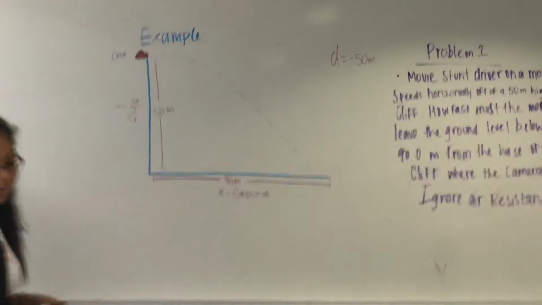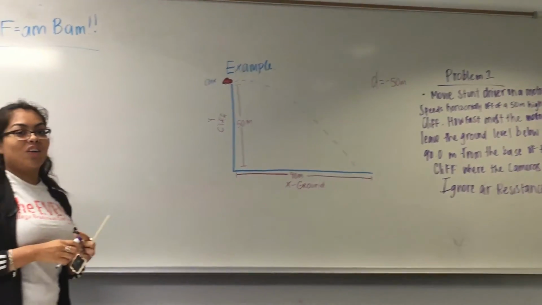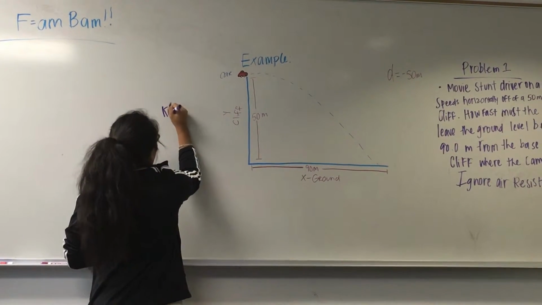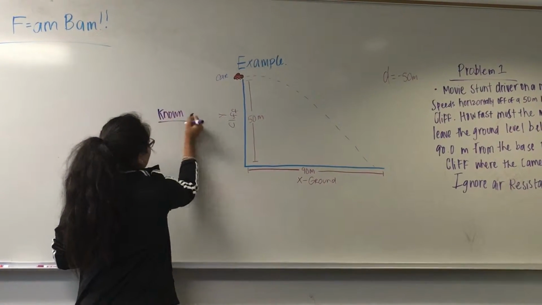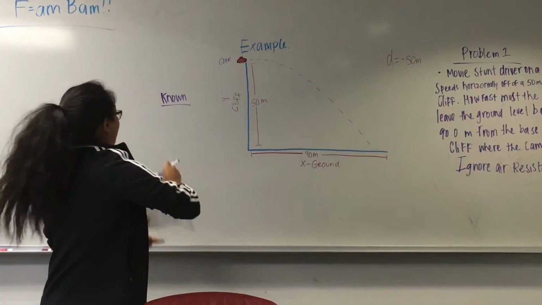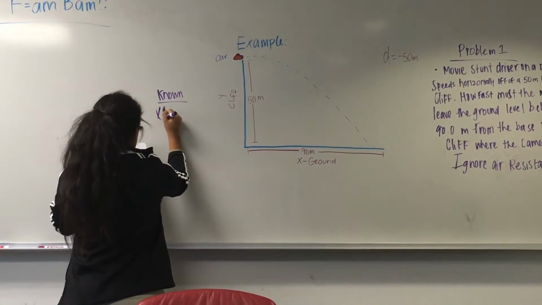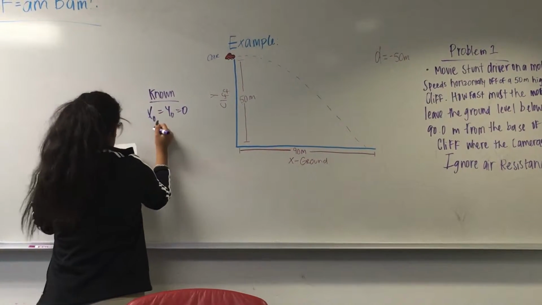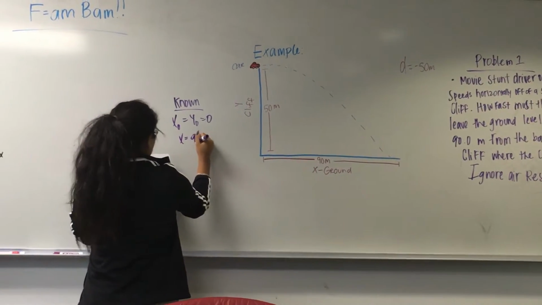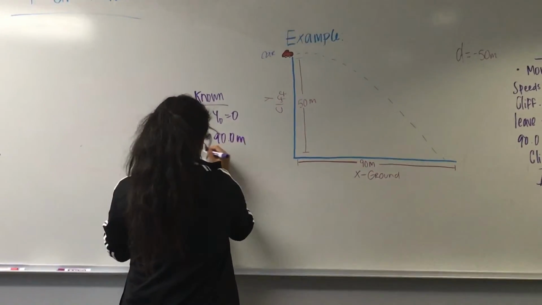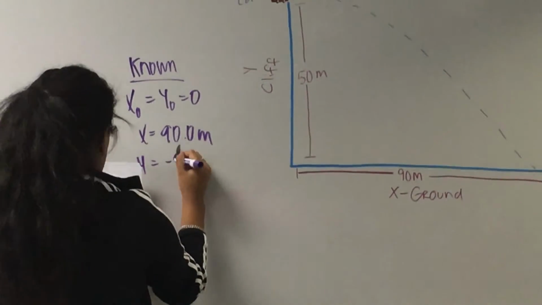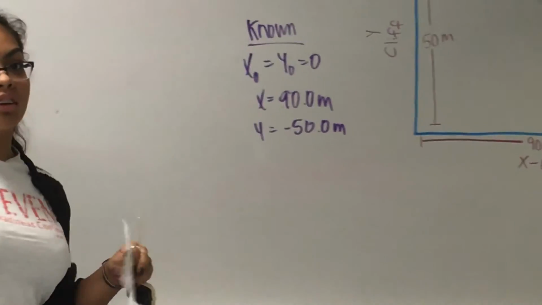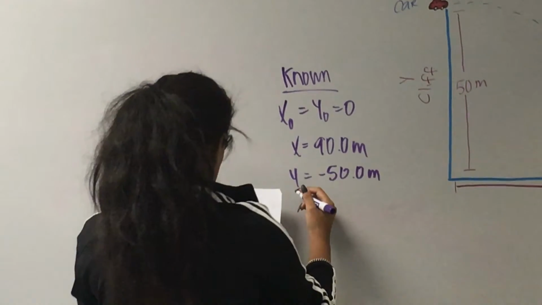So we have to describe our knowns and our unknown. Our knowns are x naught, which equals y naught, which equals 0. Our other known is x equals 90 meters. Our y equals negative 50 meters because it's falling down, so it has to be negative.